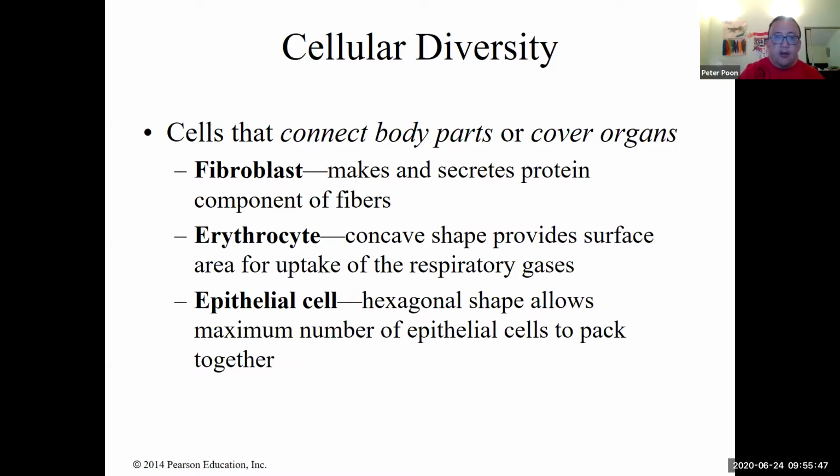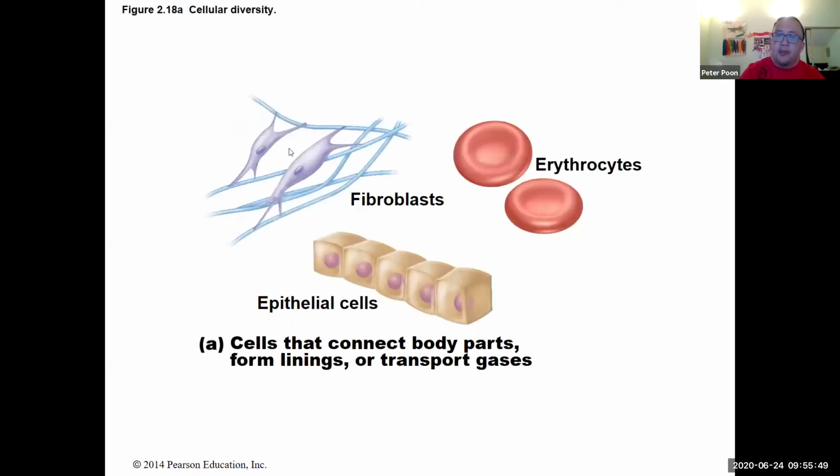Okay. So let's take a look. These are fibroblasts. You can see they're long cells, so they make long fibers. Okay. These are erythrocytes. Erythrocytes are also known as red blood cells. They're the only cells without a nucleus, so there's more room for hemoglobin.